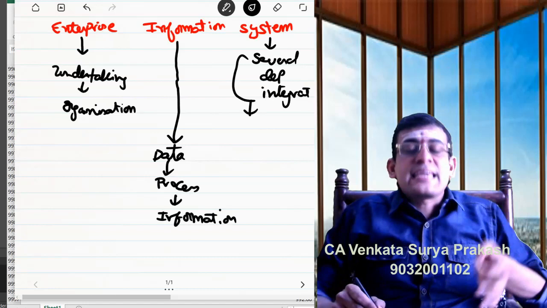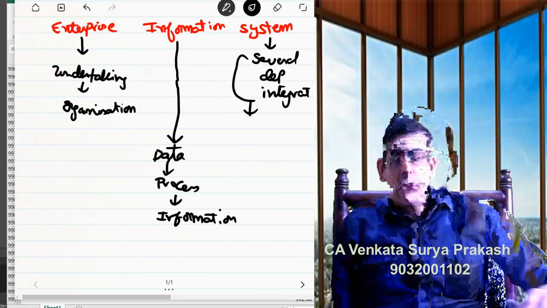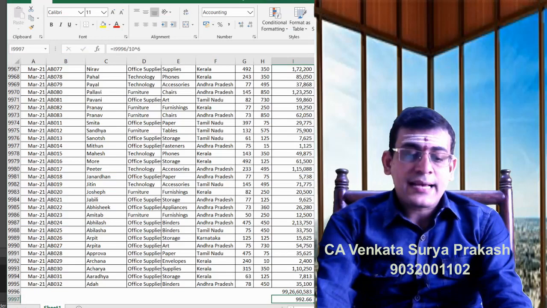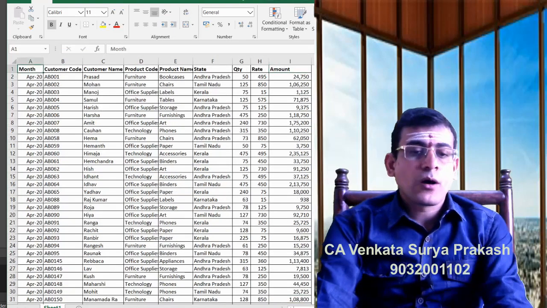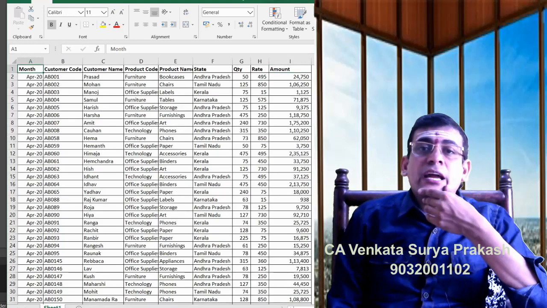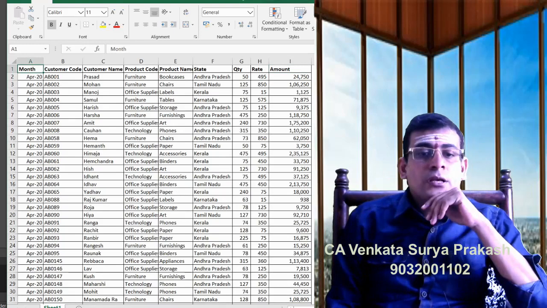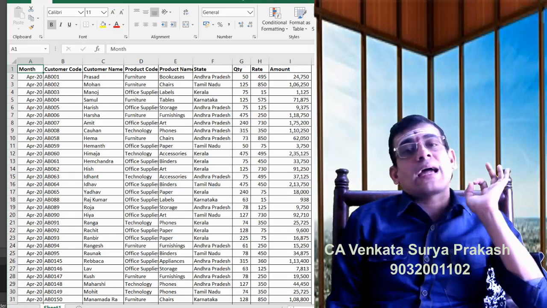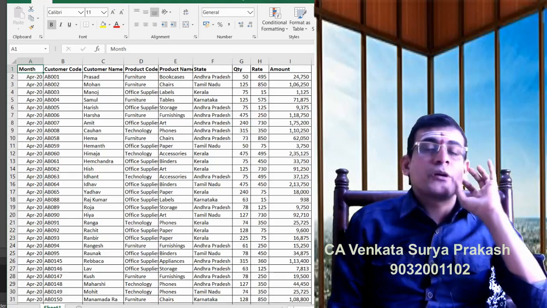Now, let us go back to the previous example. As I said, this is data. What I need to do is convert this data into a meaningful manner. Once I convert this, I can call that information.